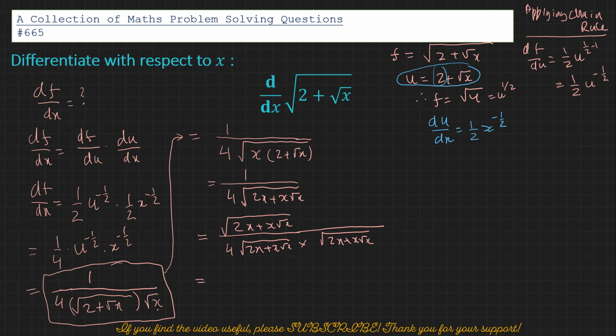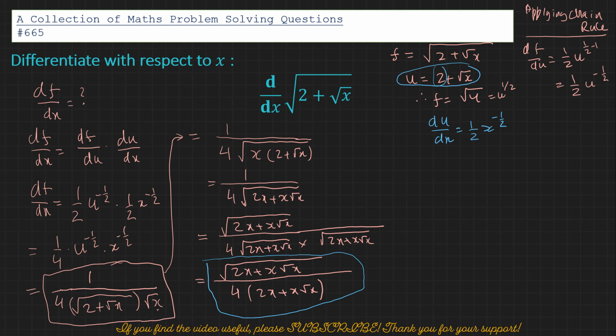That is equal to the square root of 2x plus x root x divided by 4 times, the square root goes away, 2x plus x root x. Now that's another solution.